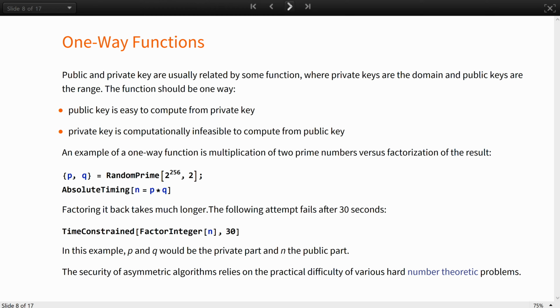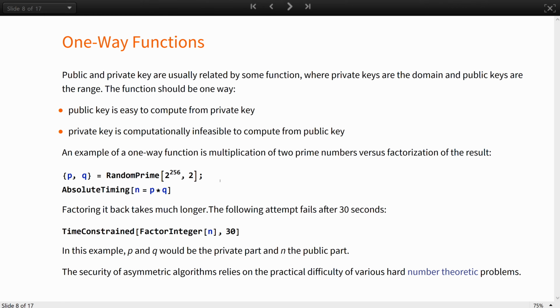In asymmetric cryptosystems, public and private keys are usually related by some function, where private keys are the domain and public keys are the range. This function should be one-way, so that the public key is easy to compute from the private key, but the private key is computationally infeasible to compute from the public key.